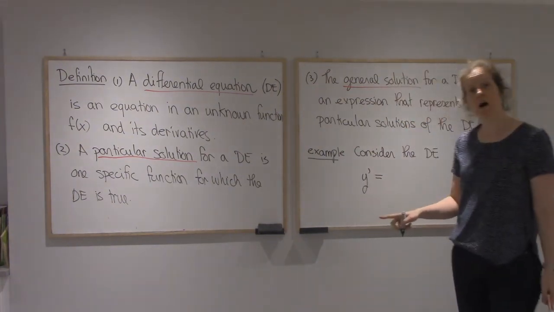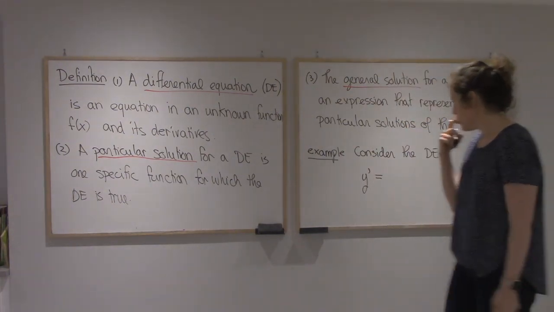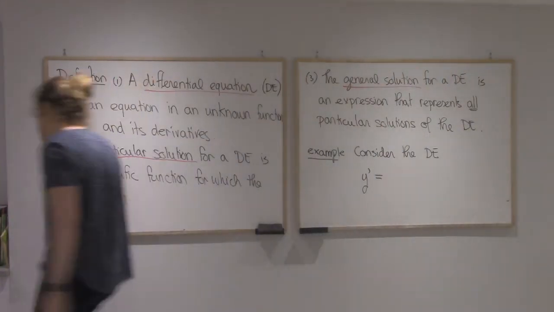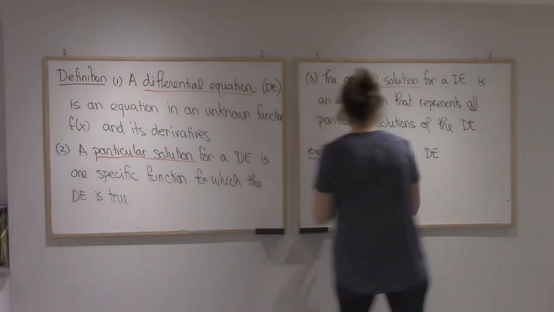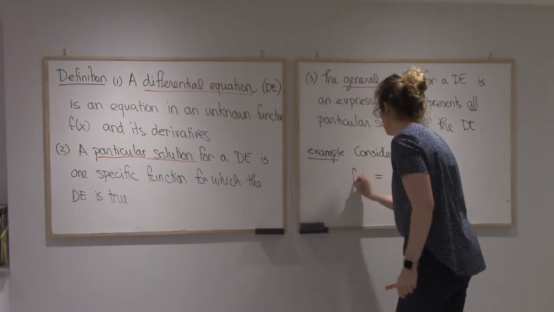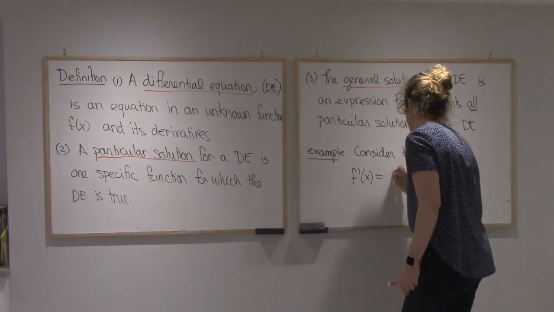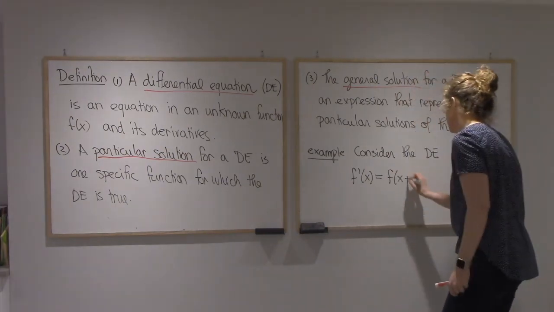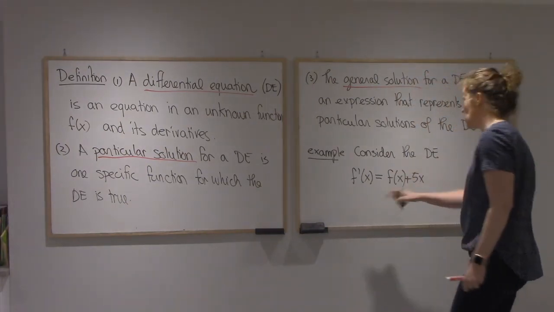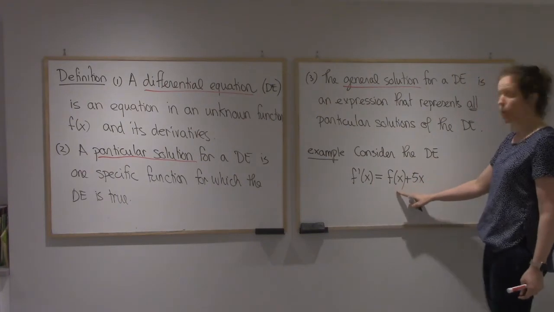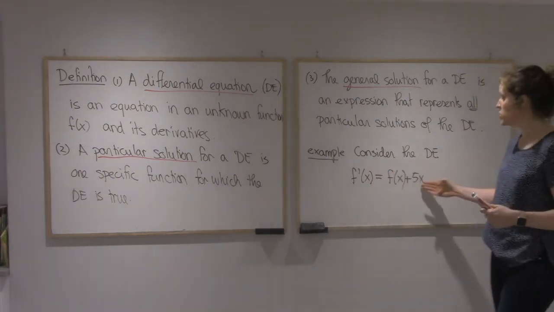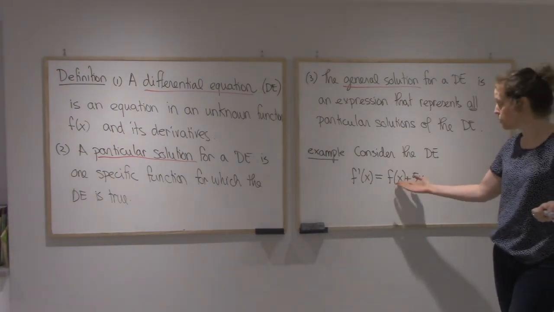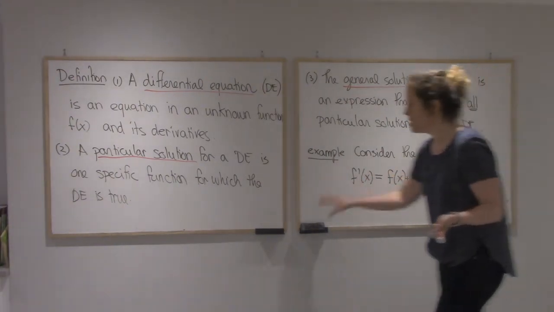So y is my unknown function. y prime equals y plus 5x. Actually, let's write it with f's for the first time. So the derivative is equal to the original function plus 5x. An equation involving an unknown function that we're looking for and its derivatives, that's a DE.